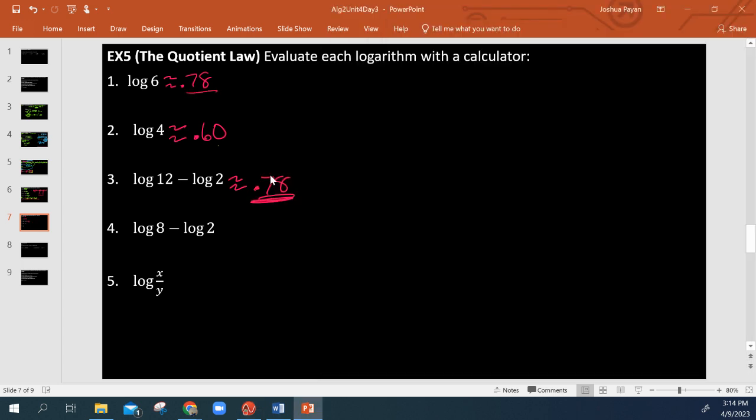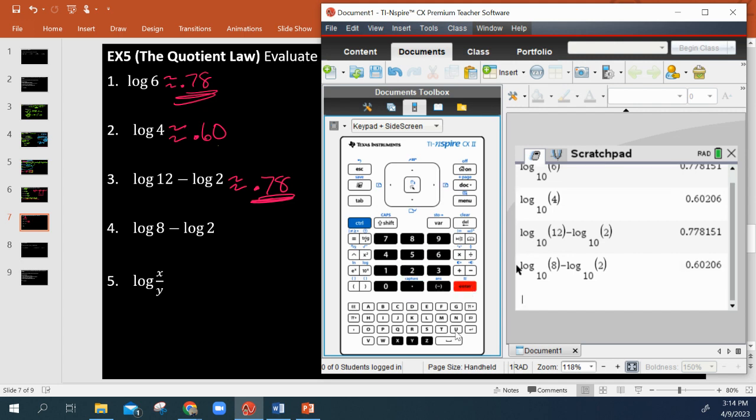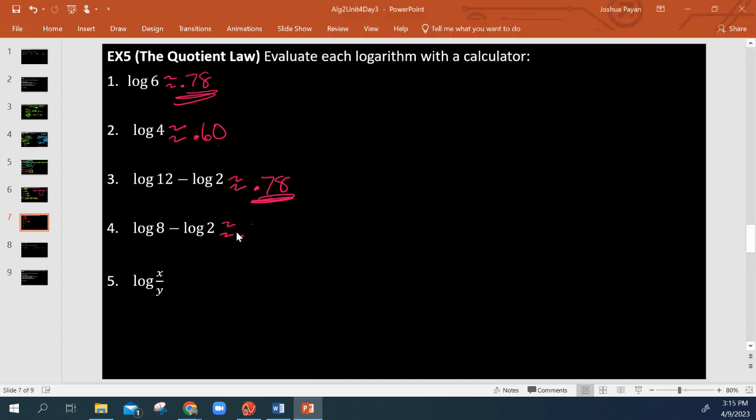Same thing here as we got back here. Okay, let's look at the next one. So log base 10 of 8, minus log base 10 of 2. And we get about 0.60.